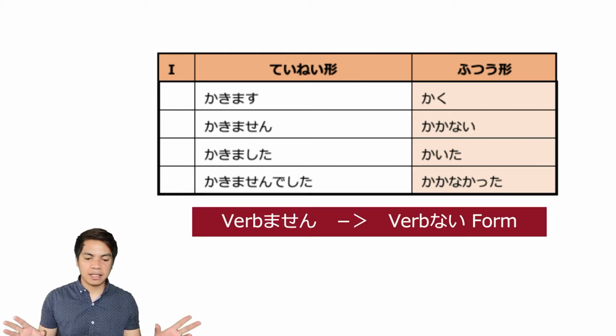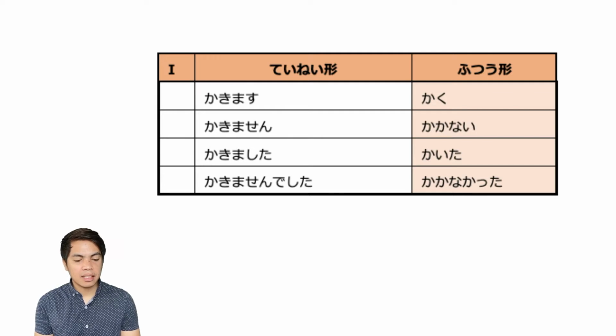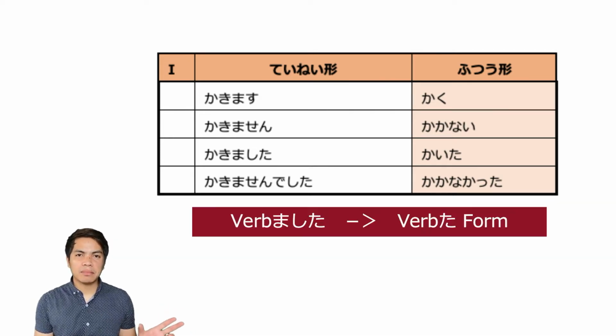Kakimasen, kakanai. Next, kakimashita, past tense. The plain style for mashita is the ta form of the verbs, which we learned in our previous lessons.